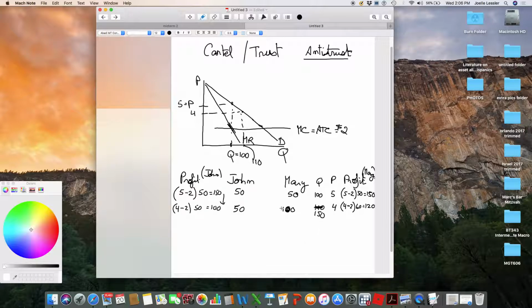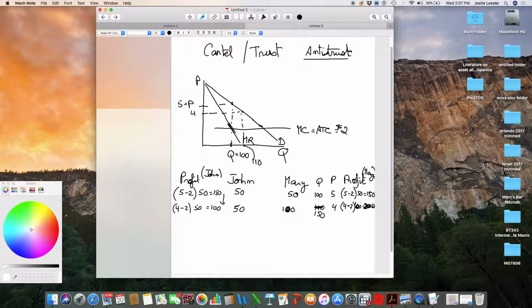So again, John is making $100 in profit because $4 is the price they end up getting, minus 2 times 50. But Mary gets 4 minus 2 times 100. She makes $200.